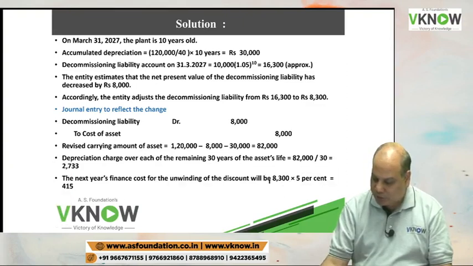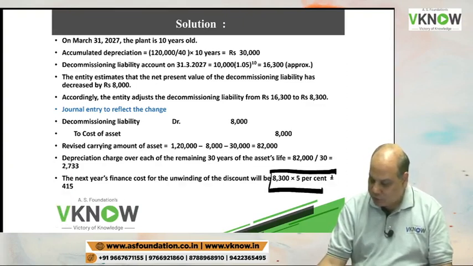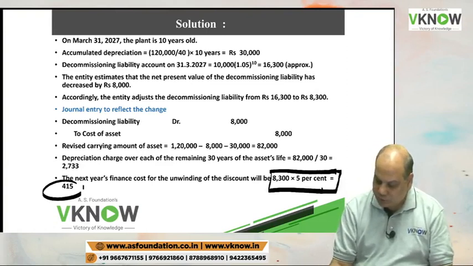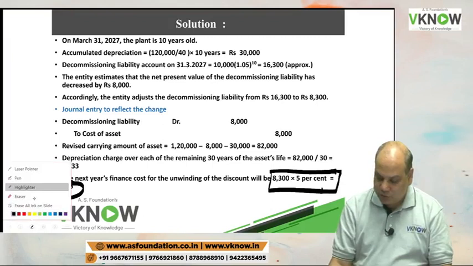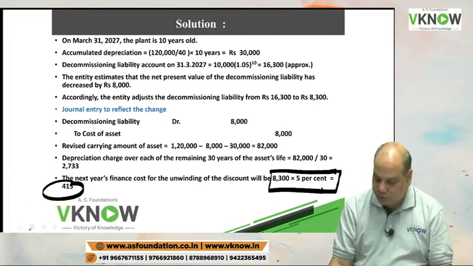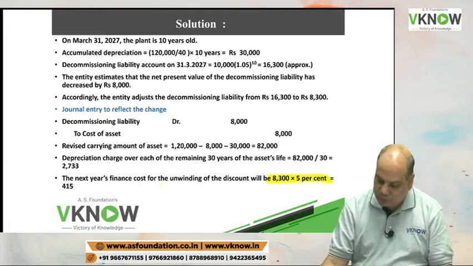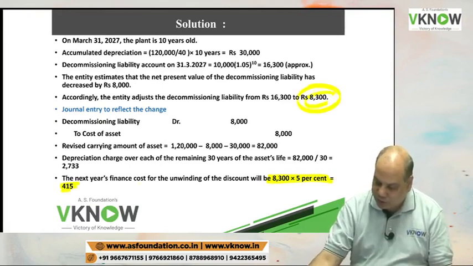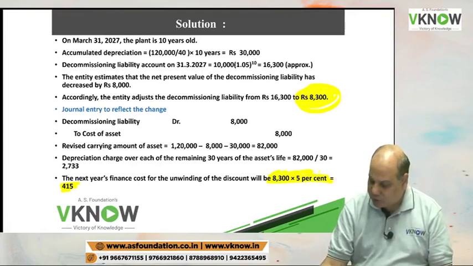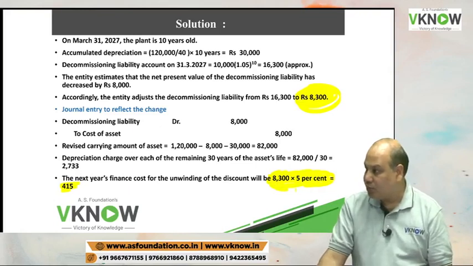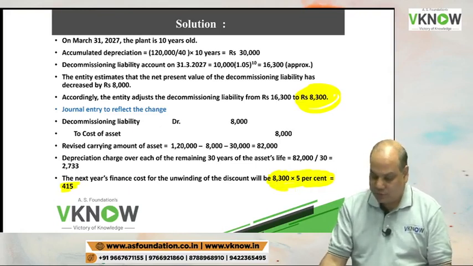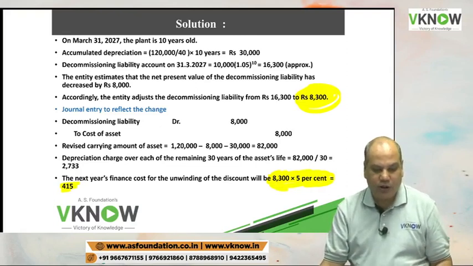So next year finance cost will be 415. 8,300 is your revised liability. The discount rate is 5%, and the problem says the discount rate has not changed. So next year you will provide interest cost of 415.